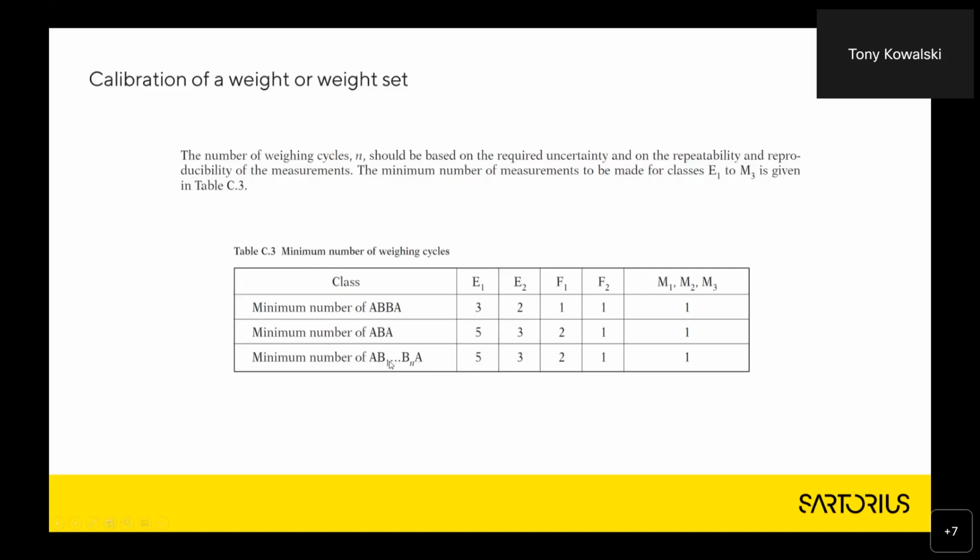Because we can tolerate a little bit more drift when we're calibrating M class weights, so there's no need to go A, B, A. We can just go A, B, B, B, B, B, and then A again. I hope that's clear for everyone.